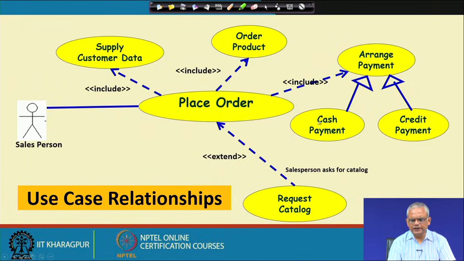Arrange payment is actually of two types, one is cash payment and the other is credit payment. And also while placing the order, the salesperson can invoke request catalog. So, this is the extend, and just see the direction of the arrow, here it is towards the base use case, but these are the include, and this direction is different from that direction.